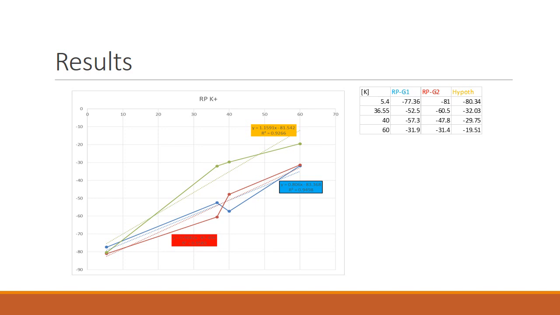It appears that our groups underestimated the positive RP values, as the hypothetical values suggested that the resting membrane potential was actually more positive than what was found with our groups. However, each displays a positive linear increase in resting potential as the potassium concentration is increased.